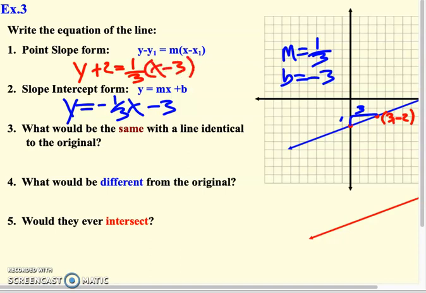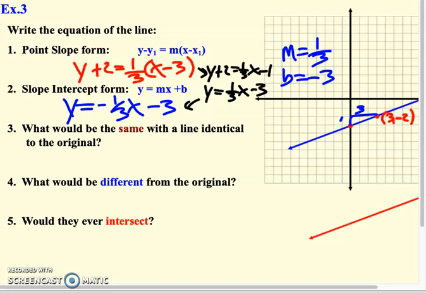Well, again, if I distribute the 1/3 in, I have 1/3 x minus 1, and then I subtract that 2 from the other side, and there we go, a little bit of quick conversion. So I can basically prove to myself that, yeah, that's really the same line again with just a different way of approaching it. One from point slope, one from y equals mx plus b slope intercept.